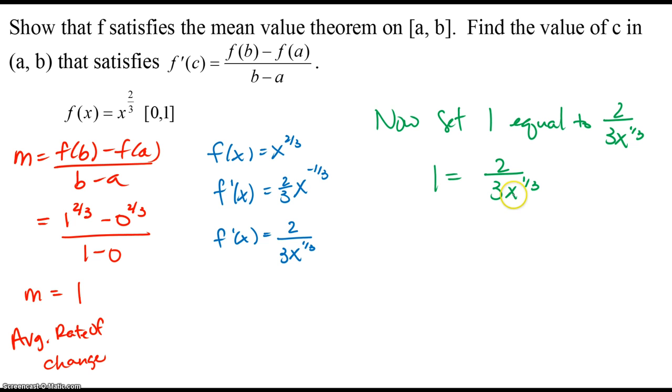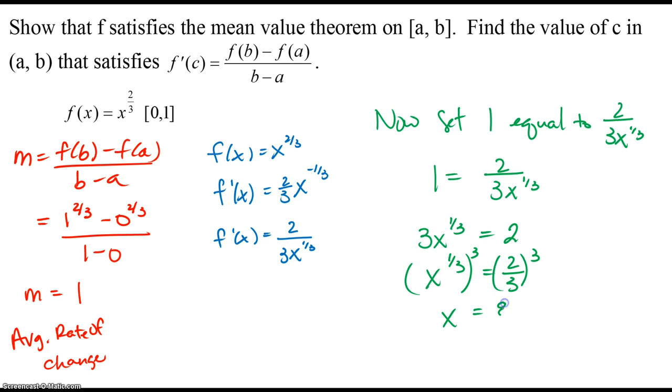So I'm going to multiply both sides by 3x to the 1/3, and I get 3x to the 1/3 equals 2. Divide both sides by 3. And to remove the 1/3 off of the x, we are going to cube both sides. So x equals 8 over 27.